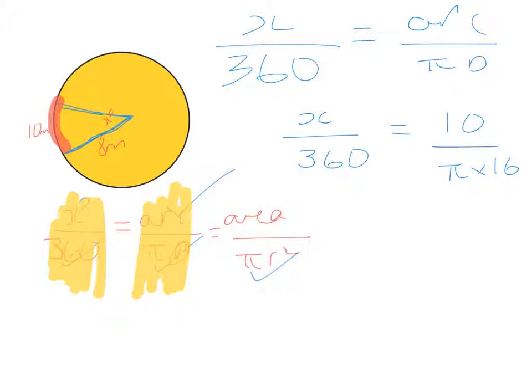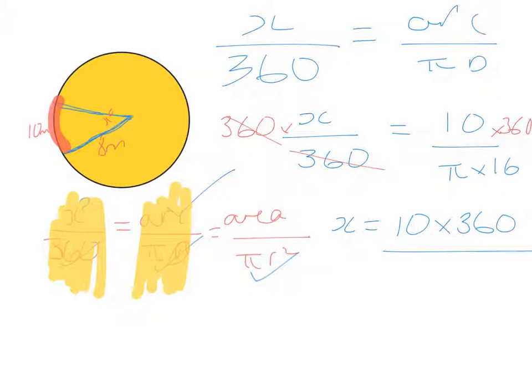And similar to how we solved the last problem, we want to get x on its own. So we should multiply both sides by 360. By doing so, I can isolate x on the left-hand side, and I'll have the formula x equals 10 times 360 divided by pi times 16. Making sure that you put that last line in a bracket so you can pop it in correctly into your calculator.